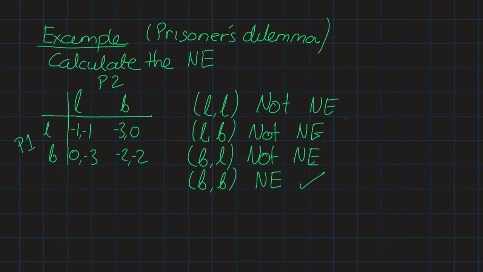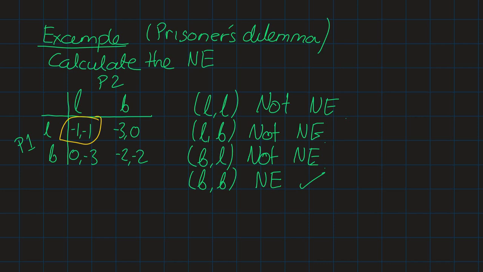Okay, it's interesting to note that BB is obviously not the best outcome, right? LL seems like it's a strictly better outcome. It's better for both people. In LL, both players only have 1 year in jail, whereas in BB they get 2 years in jail. But nonetheless, BB is a Nash equilibrium and LL isn't.